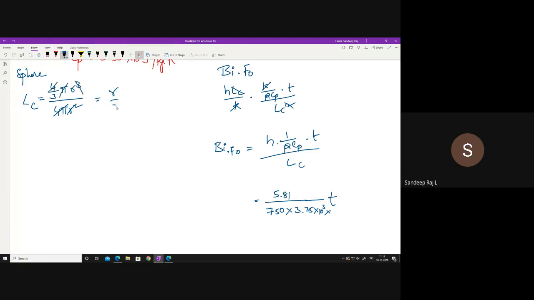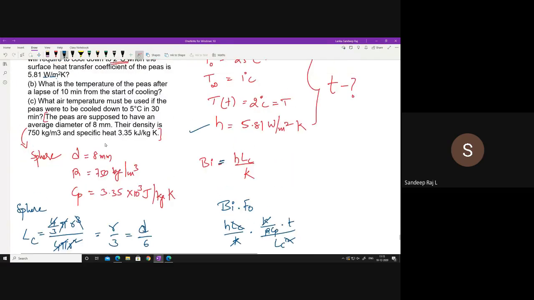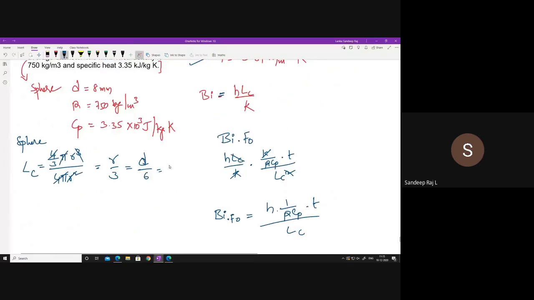So what you have is r by 3, that is d by 6. The d value is given in the question as 8 mm, 8 mm by 6. So 8 by 6 into 10 to the power of minus 3 meter is your Lc value.